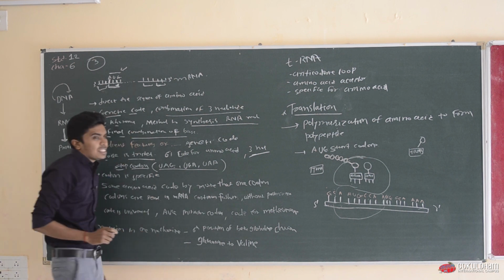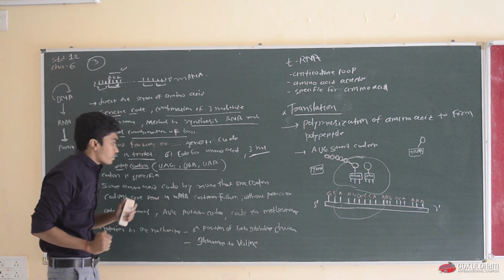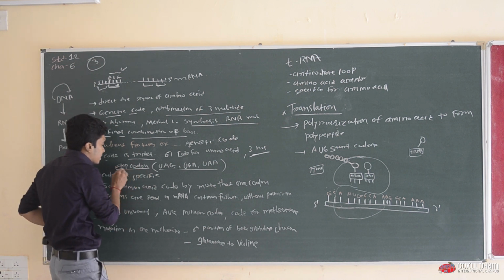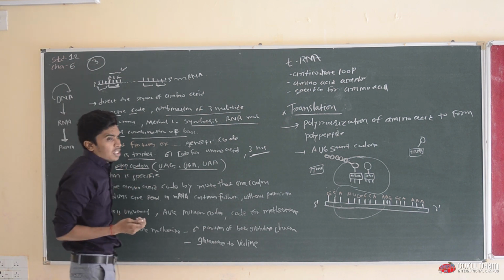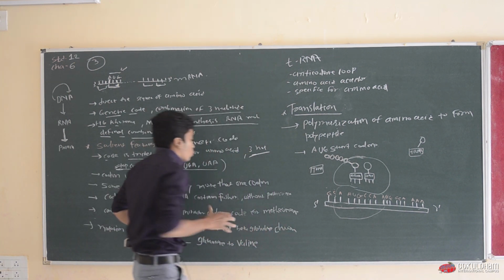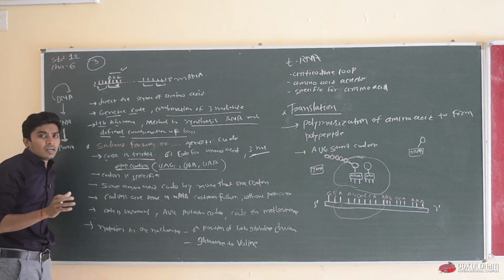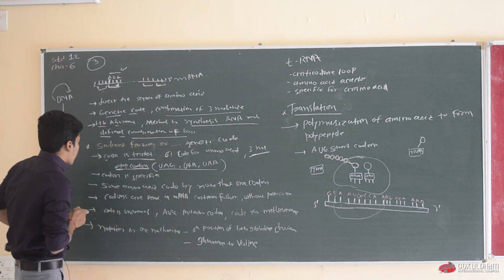This can be asked in examination: what is a stop codon? A stop codon is a code which does not code for any of the 20 amino acids.